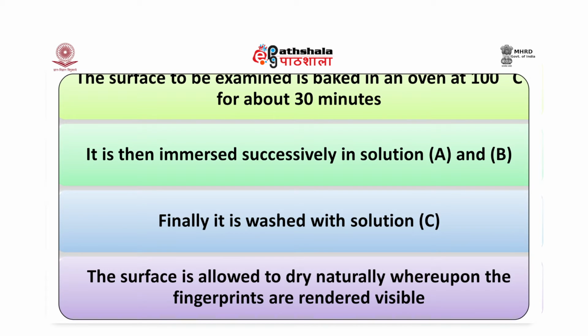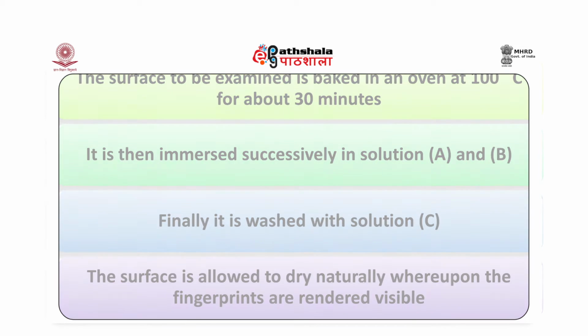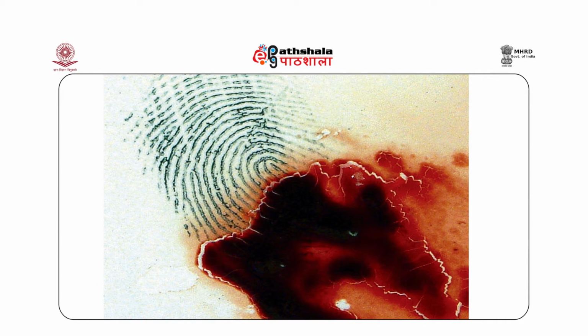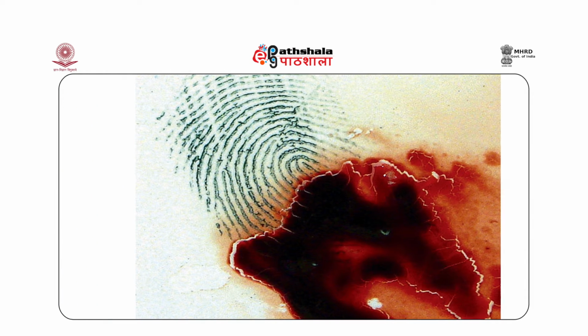The surface to be examined is baked in an oven at 100 degrees Celsius for about 30 minutes. It is then immersed successively in solution A and B. Finally, it is washed with solution C. The surface is allowed to dry naturally, whereupon the fingerprints are rendered visible. A representative blood fingerprint developed by amido black reagent is shown in the given figure.